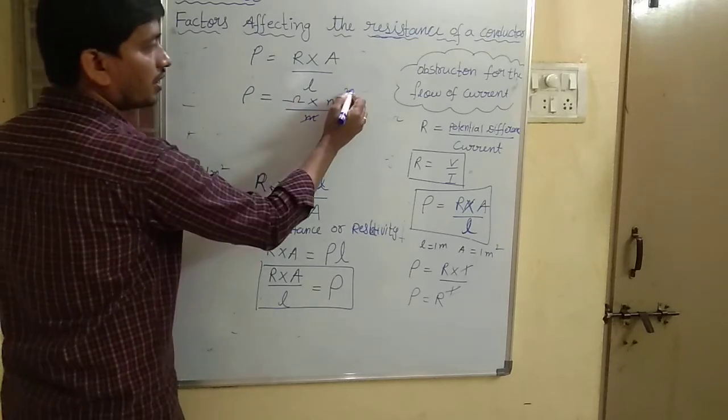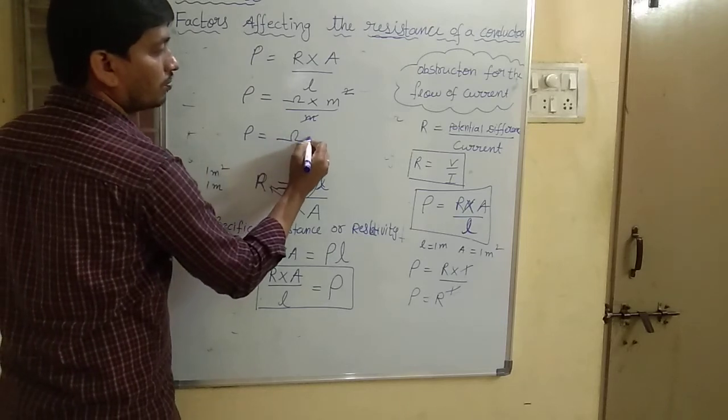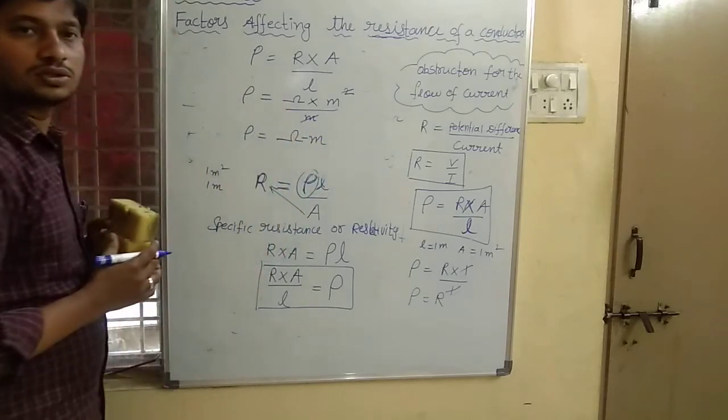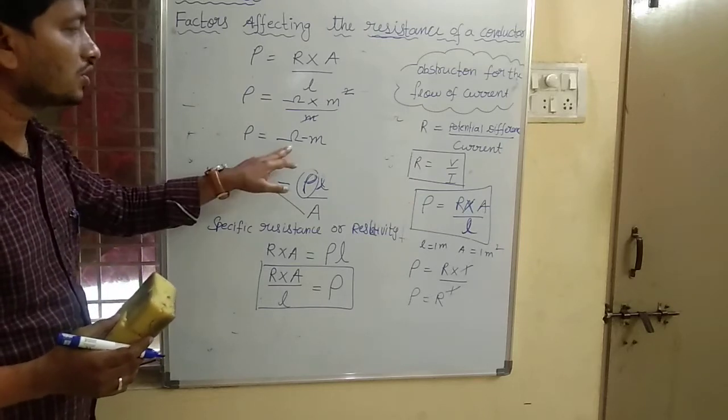Let me cancel meter. So rho equal to ohm meter. So the SI unit of resistivity is ohm meter.